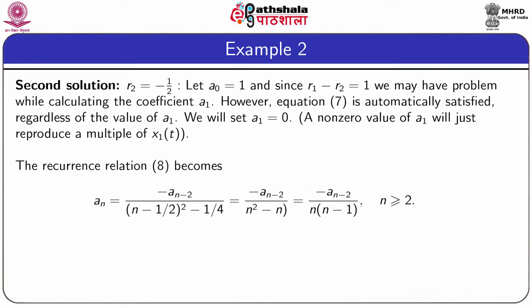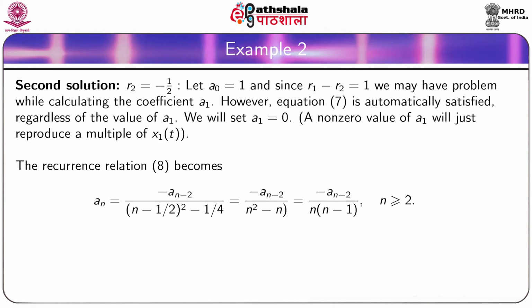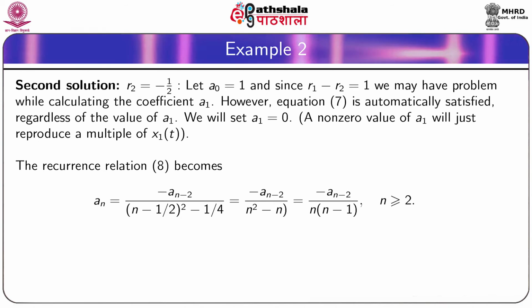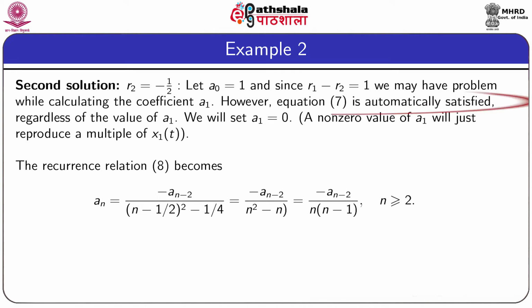For r2 equal to minus half, let a0 be equal to 1, and since r1 minus r2 equals 1, we may have a problem here while calculating the coefficient a1. However, equation 8 is automatically satisfied regardless of the value of a1.